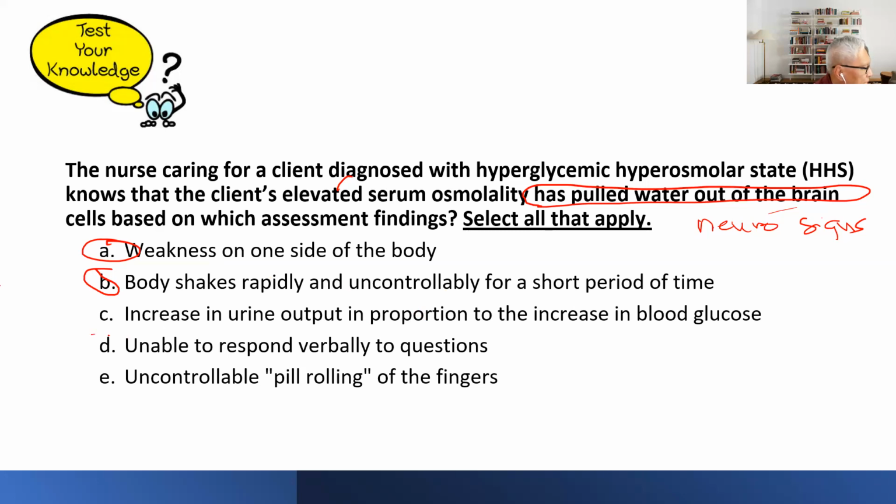And letter D is also a neurological sign. Letter E, pill rolling, is not a sign of increased or decreased intracranial pressure, but rather a classic sign of Parkinson's disease. Therefore, it's not something you would note as a neurological sign in patients with HHS, or hyperglycemic hyperosmolar syndrome. Okay, so those are the correct responses.